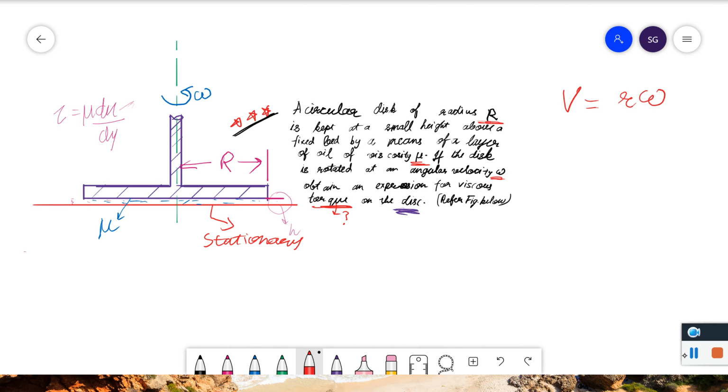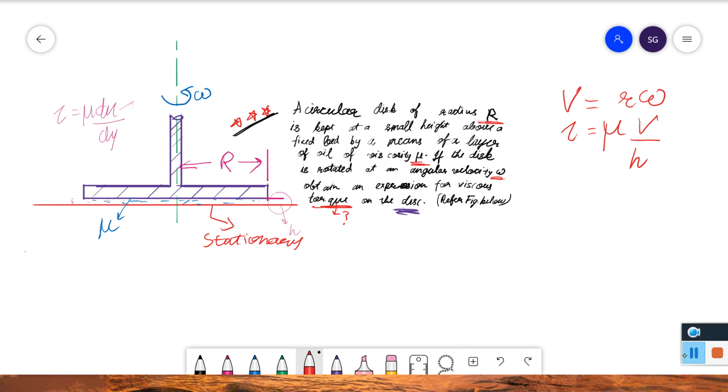And so tau is mu, we are given mu, and v upon h. Here the y is basically the h, which is represented by the pink circle. We don't have the velocity, but we can write it in terms of angular velocity. So we will write this as mu into omega r upon h. I guess till here there is no doubt in this concept.